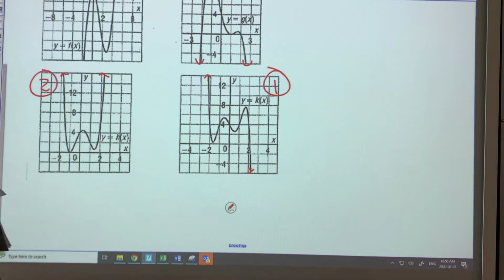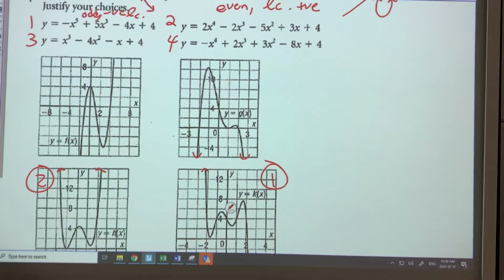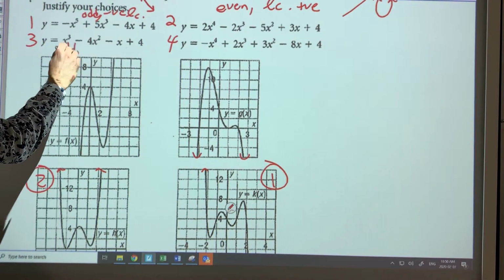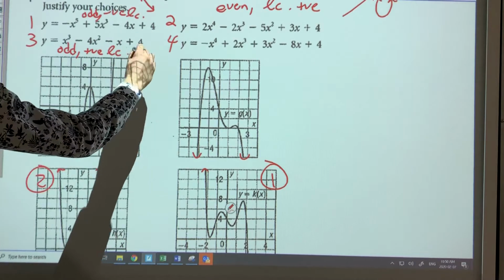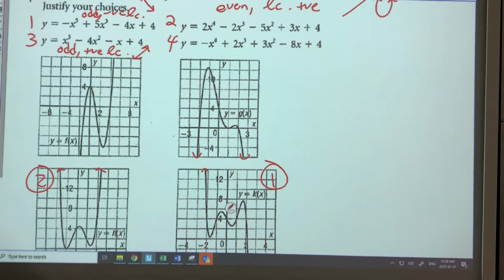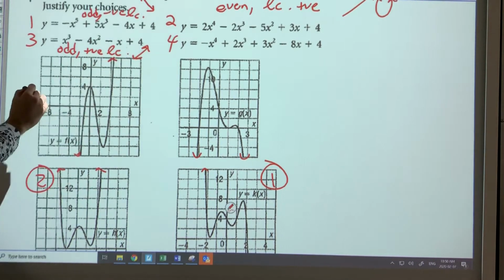Is that okay? Yeah? Okay, number 3, so let's see, it's odd, and it's got a positive leading coefficient. So you'd be expecting something like a positively sloped line. There it is, right? Positively sloped line to be like this. So starting here, ending here, this is certainly number 3.